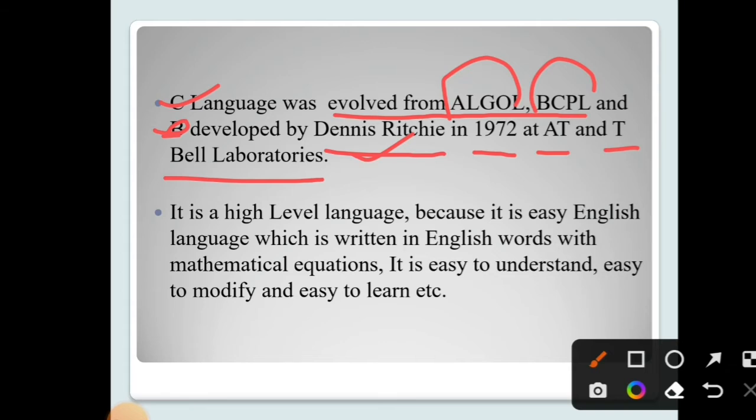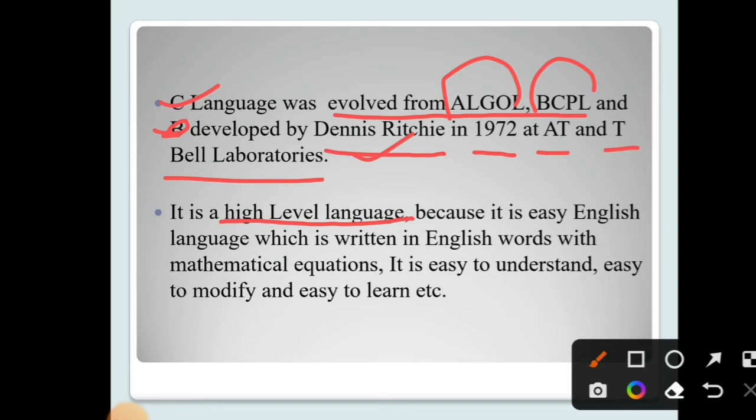In the C programming language we use a high level language. I already told you in the previous classes, a high level language consists of English like statements. A high level language is human understandable, but it is not understandable to the computer.